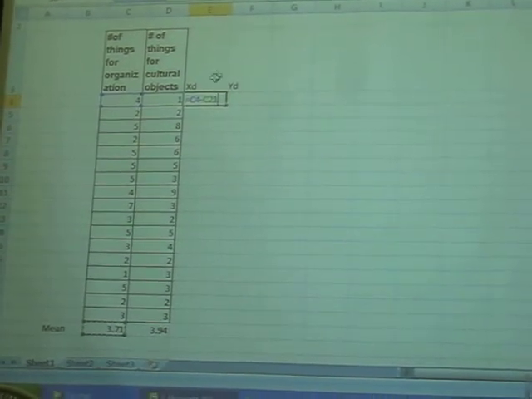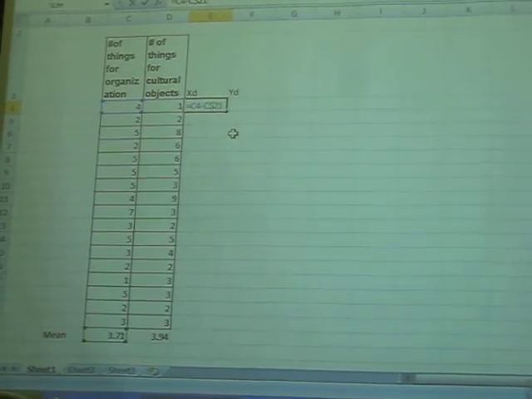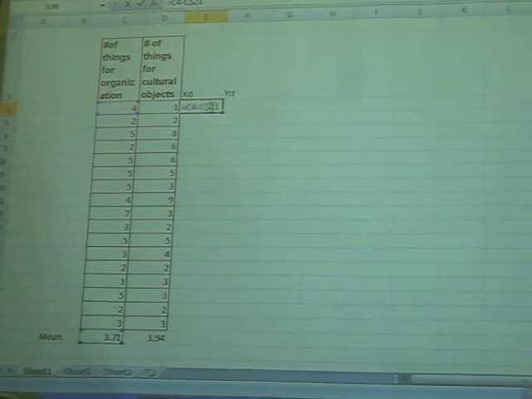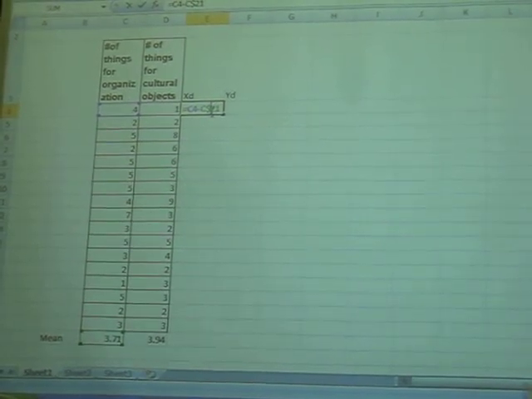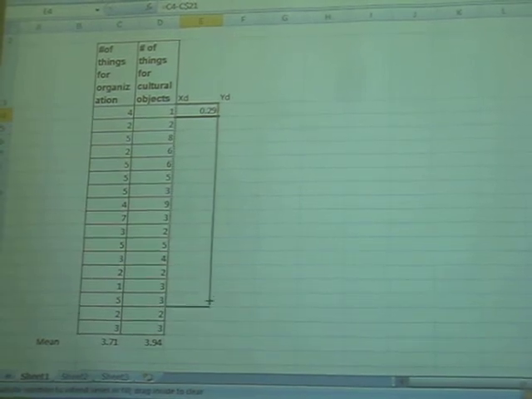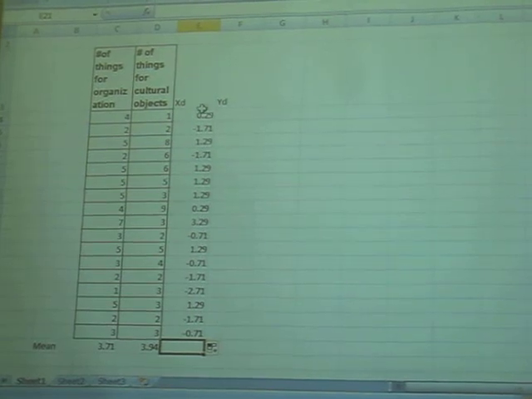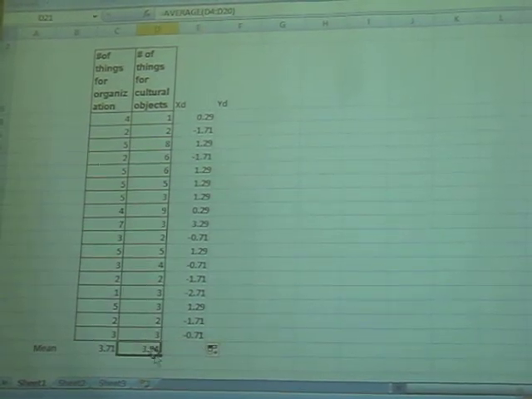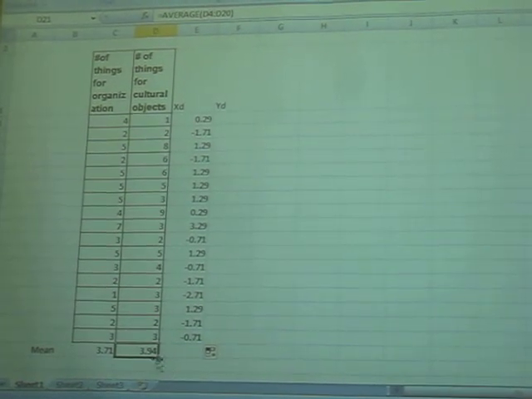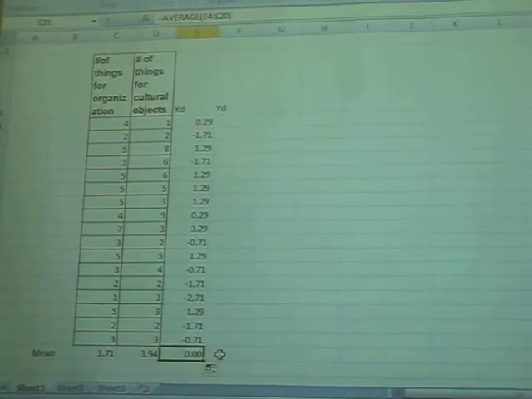But here is one trick you can do. You can put a dollar sign before the C and before the 2, just before the number. You do this, and then you copy and paste all the way down, and then you find the average of all these scores. Because we have an average, we can use this formula and copy and paste, and this is 0.